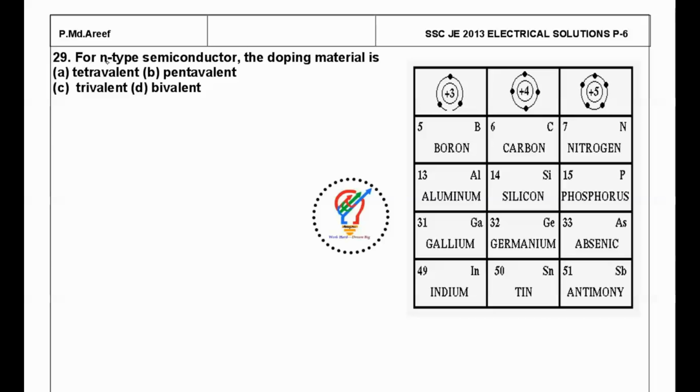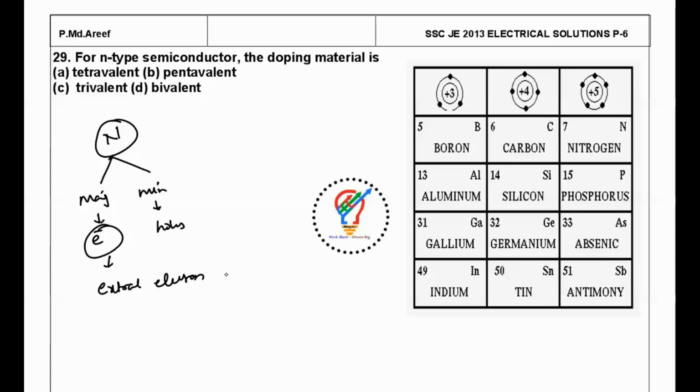Next question: for an N-type semiconductor, the doping material is. In an N-type semiconductor, there are majority carriers and minority carriers. The majority carriers are electrons, and the minority carriers are holes. If you want electrons as majority carriers, you have to add an extra electron.